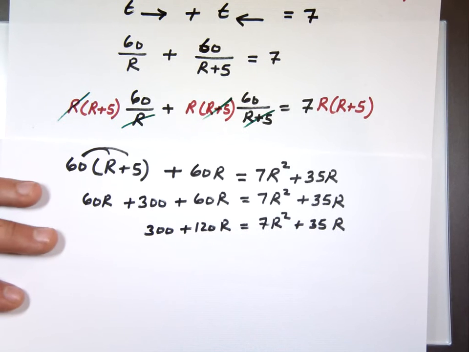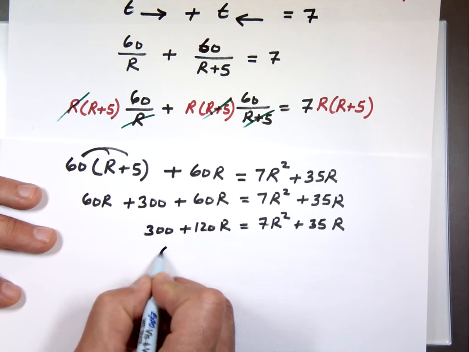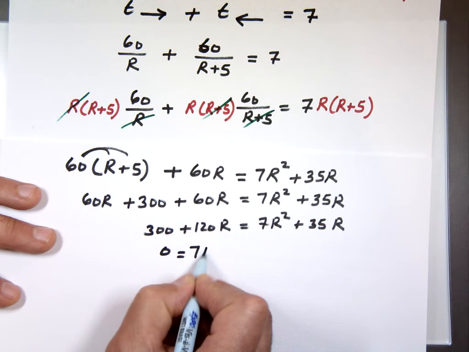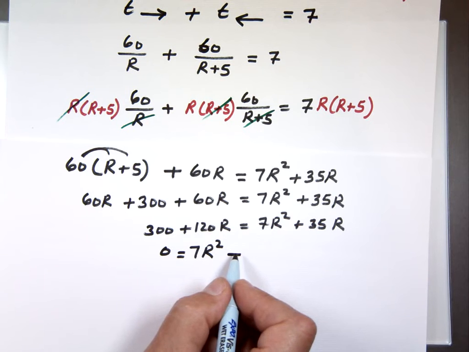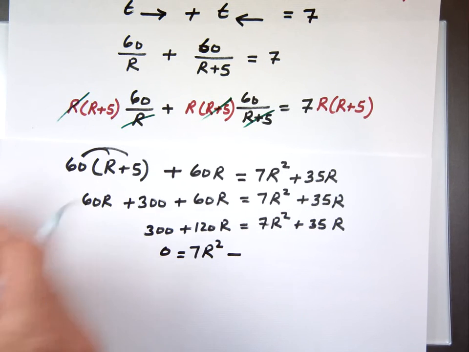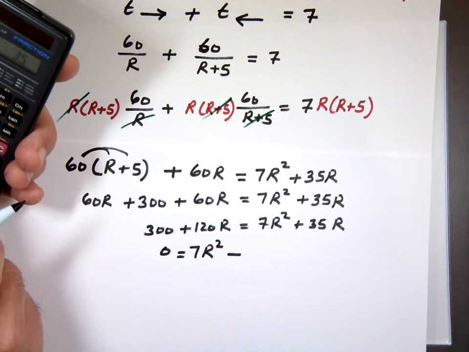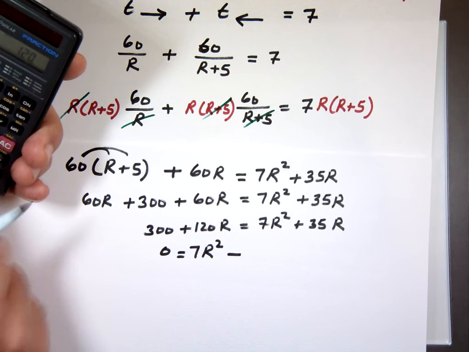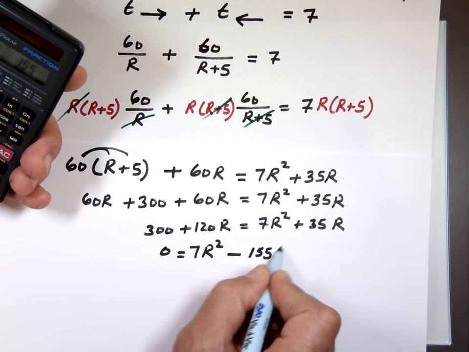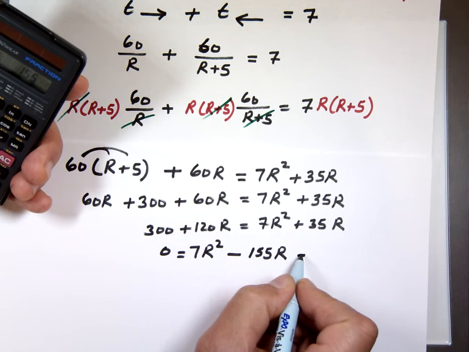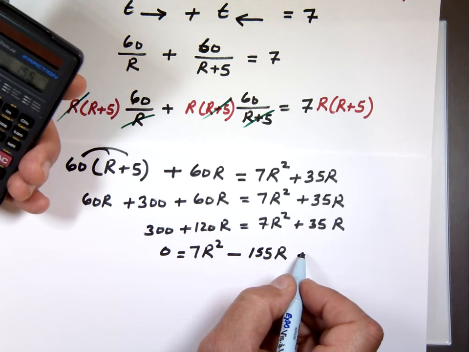Move the 120 to that side. It becomes a negative. So 0 equals 7R squared minus, what's 35 minus 120? Minus 155R minus 300.